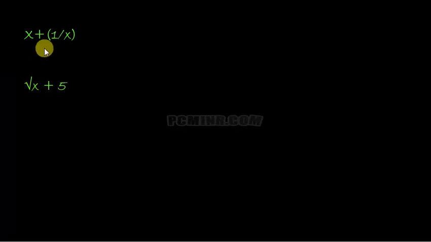But now when you look at the term x plus 1 upon x, now this is an algebraic expression, right? But the variable term here, 1 upon x, is x raised to the power minus 1. And since minus 1 is not a whole number, one variable term is there which has an exponent that is not a whole number.